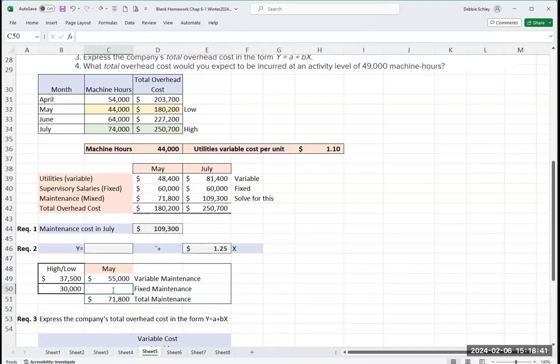So working backwards, total maintenance minus variable maintenance is my fixed maintenance. So that goes right here in my formula. So that's required two.